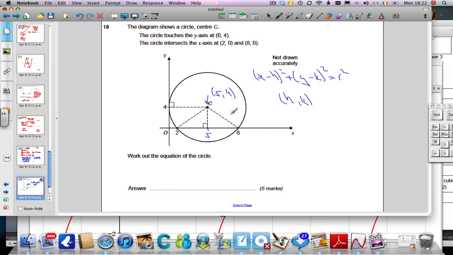Can I work out the radius? Well, we can very, very easily. You can see that the radius is actually 5. From 0 to 5 is going to be the same as from here to here. So the radius is 5, the center is (5, 4).